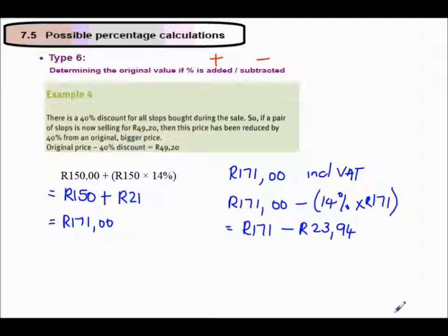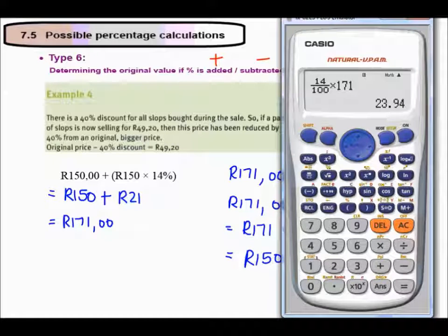So what you are telling me is if I take 171 Rand and I minus 23.94, I'm going to get back to 150 Rand because that was my value before I added VAT. Well, let's see if this works.